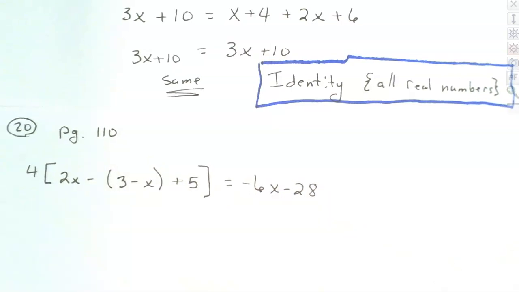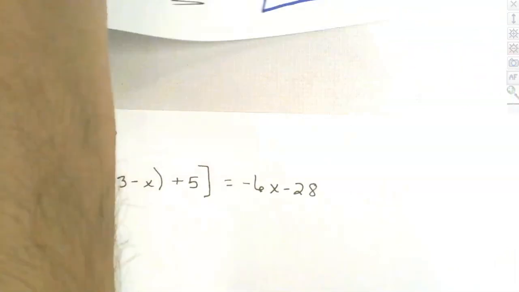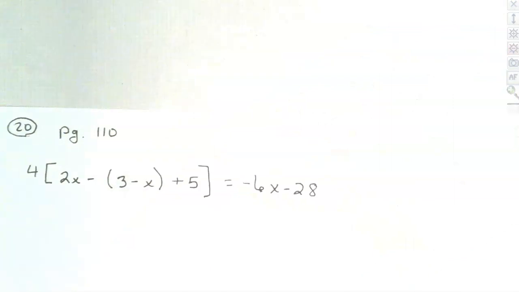So in this case, we're going to use square brackets. And when we use our square brackets with the parentheses, we always try to work from the inside and we work our way out. So always start in the middle and just slowly work your way out.